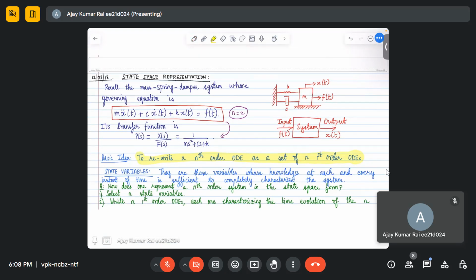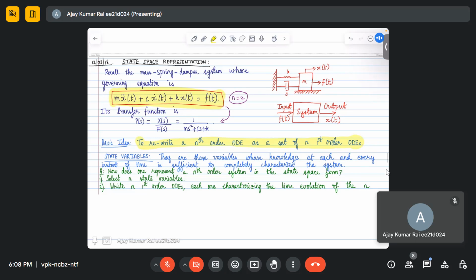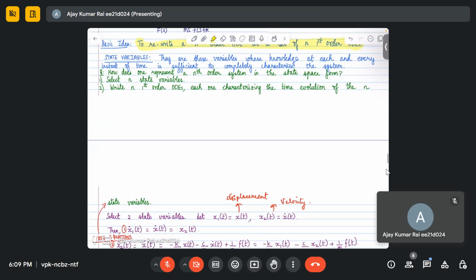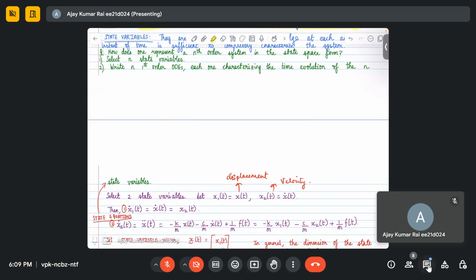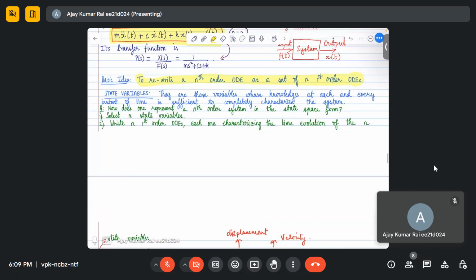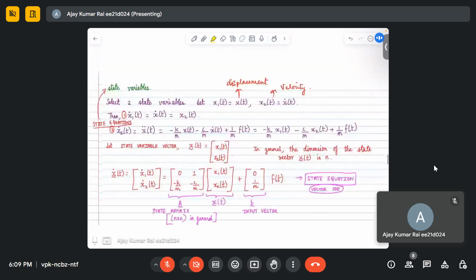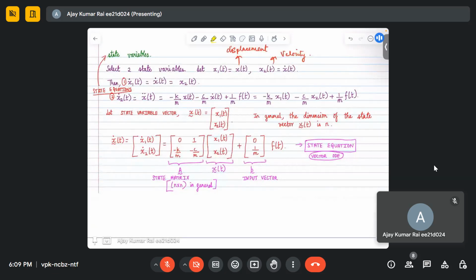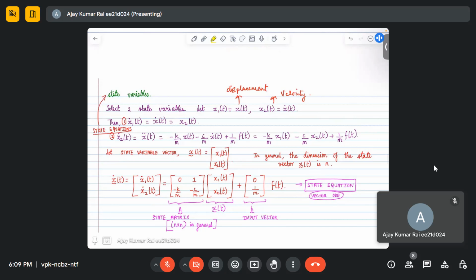Because this equation is of order 2, we are trying to get two first order ODEs by choosing two state variables. If we see here, we can get the two equations.